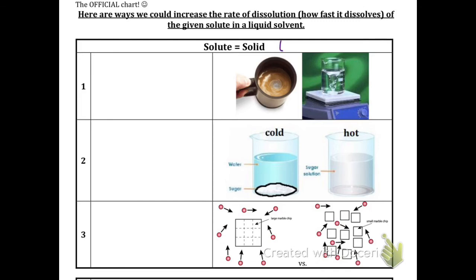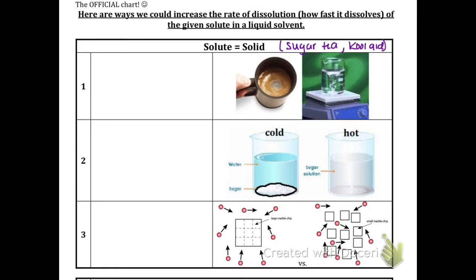Some people do sugar in tea, or they think of Kool-Aid, the powder into water, etc. Always think of an example and ask yourself, how can I make this powder dissolve faster? There are things that you automatically, intuitively do. So what are those things?